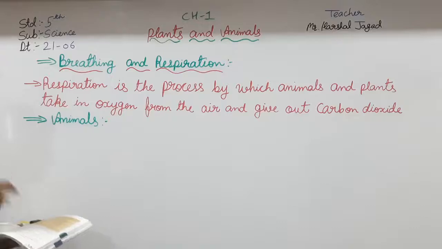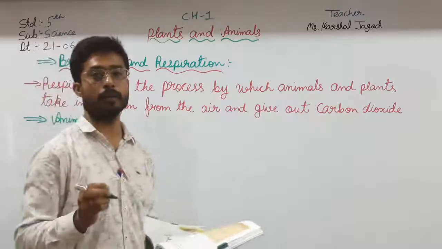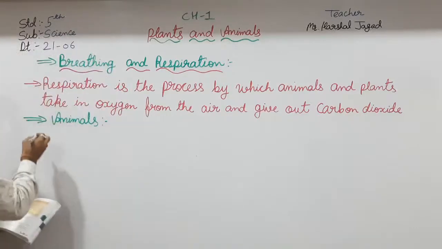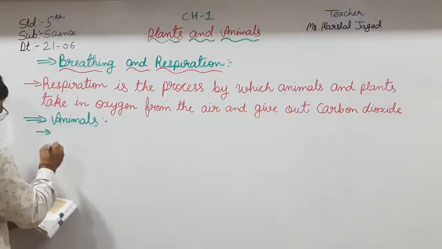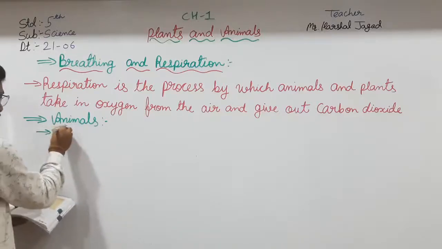The animals are divided further into other types. So the first type is terrestrial animals or land animals.